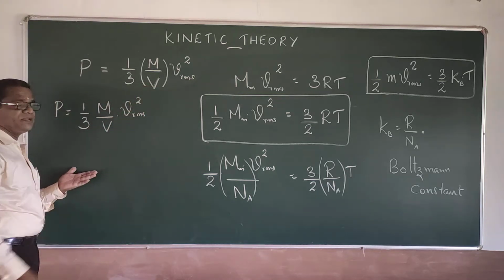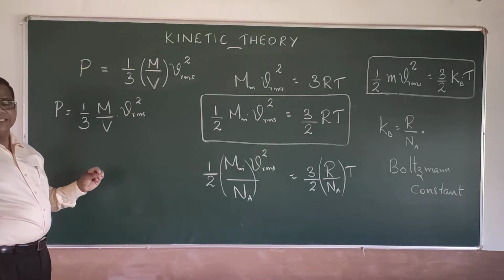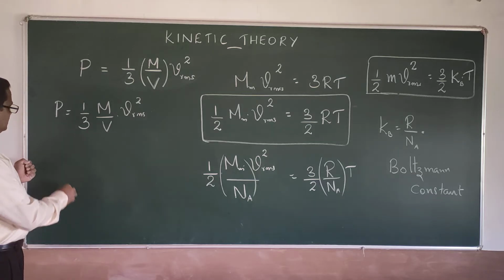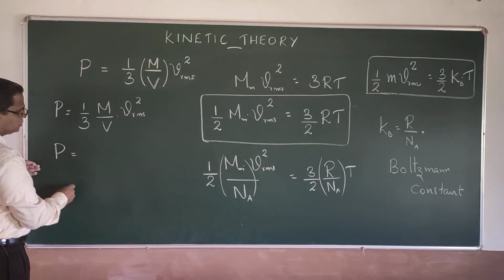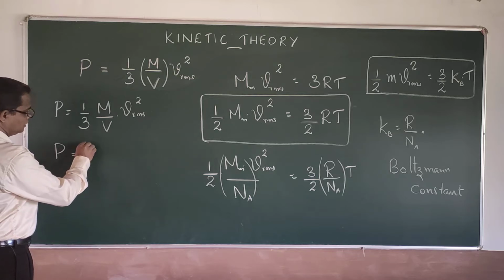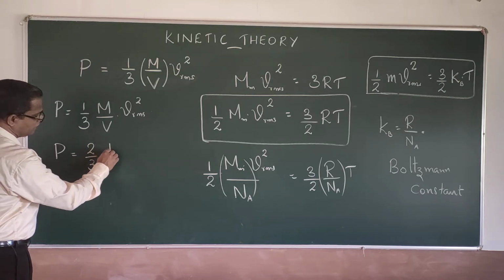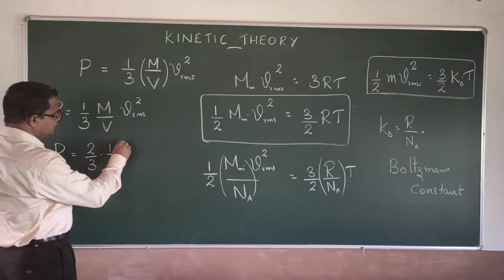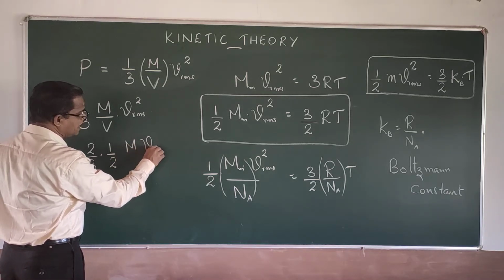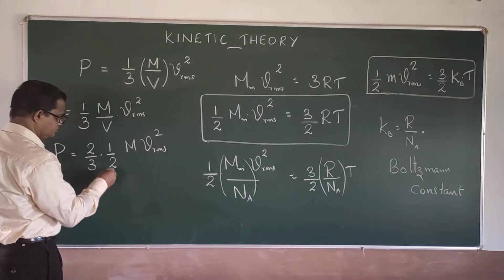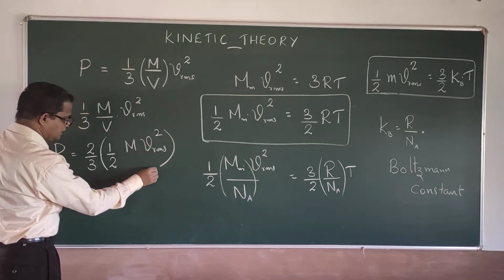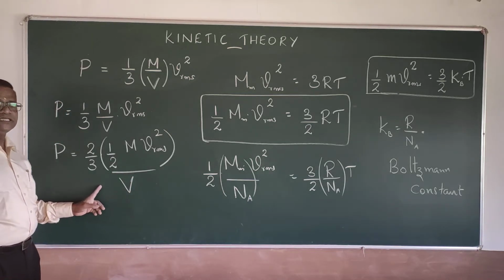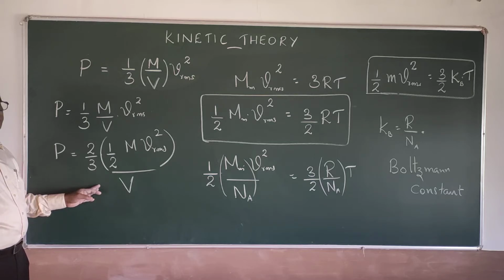Here I do one rearrangement in another way. Suppose I take P equal to 2 by 3 into 1 by 2, where 1 by 3 remains, then m into Vrms square divided by volume. An arrangement like this is possible.